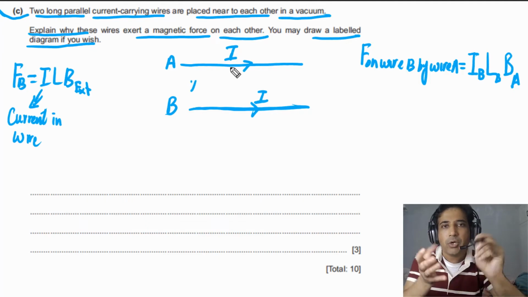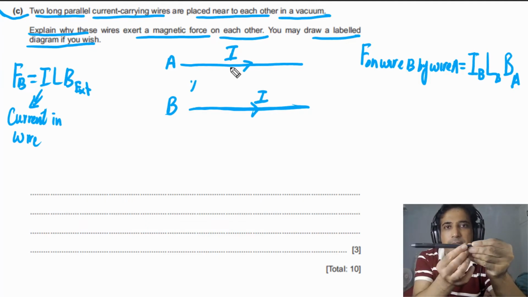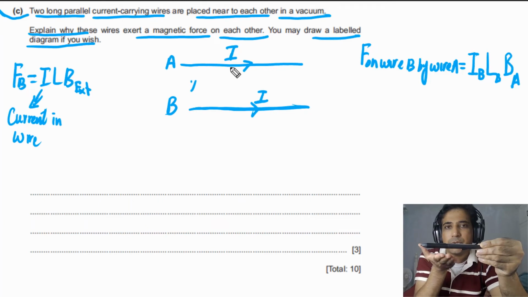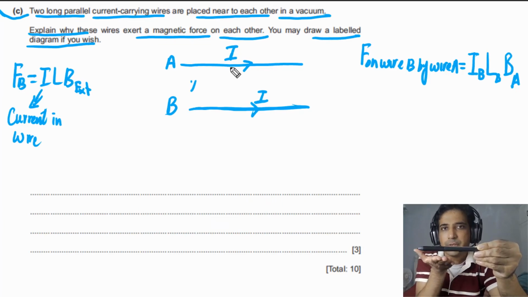In order to find magnetic field, imagine that this one is the wire. This is our wire A. In this wire A, current is flowing to the right. We need to find out direction of magnetic field at the lower side. So you have to find magnetic field here because other wire is placed under this one. So you have to find magnetic field under wire A. So you have to place your right hand.